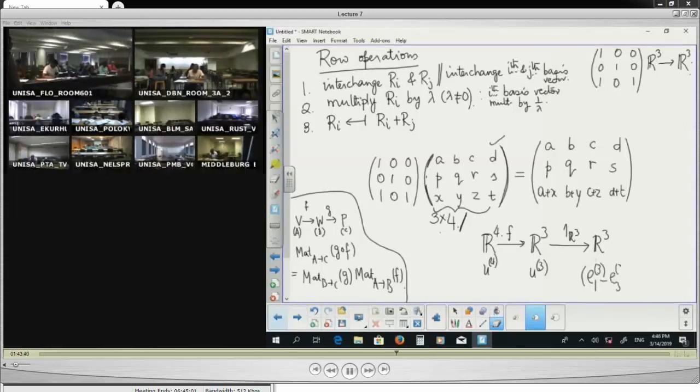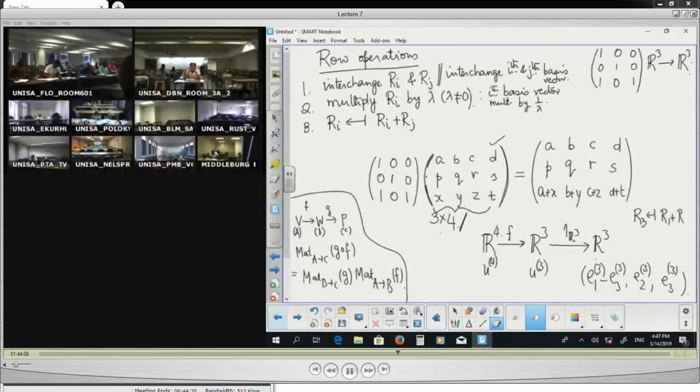This one is a little bit complicated, but what was being done? You are replacing R3 by R1 plus R3. And what happened on the basis? The first vector is changed to the first minus the third.